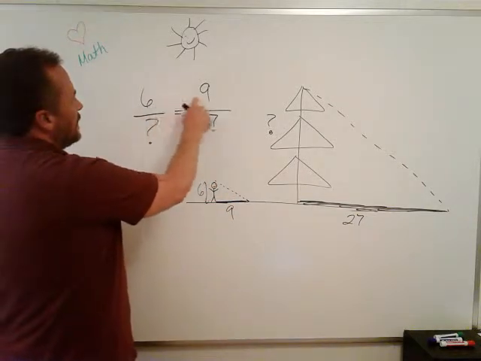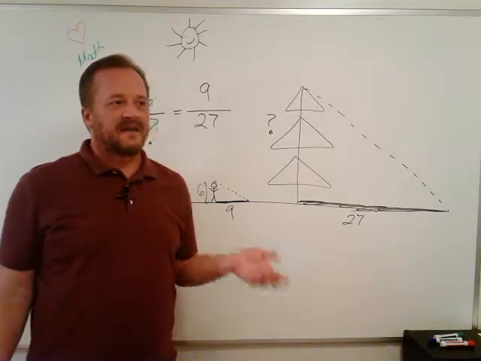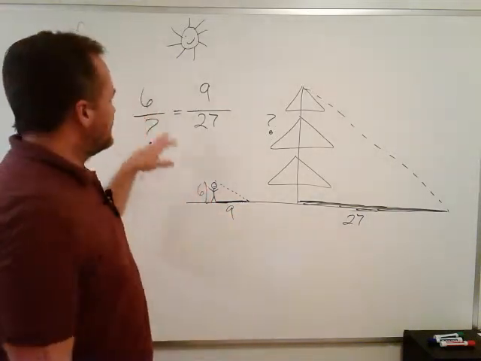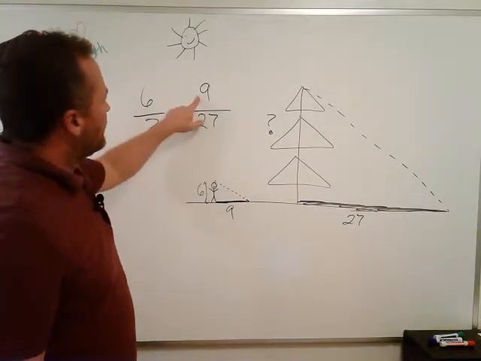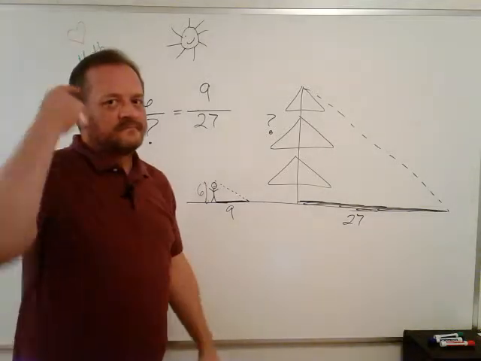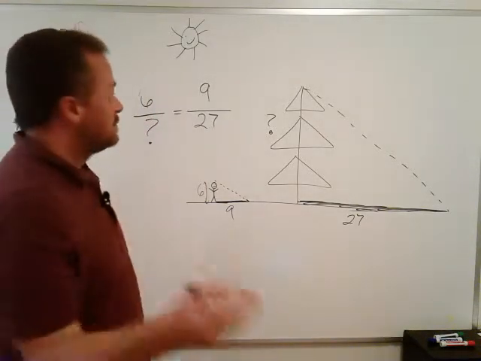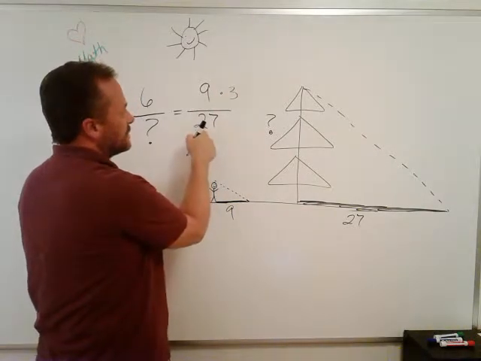I could go this way, but if I multiply 6 times something to get 9, that's going to be either a fraction or a decimal, so let me try this other way first. Okay? How do I get from 9 to 27? 9 times 3 gives me 27, right?